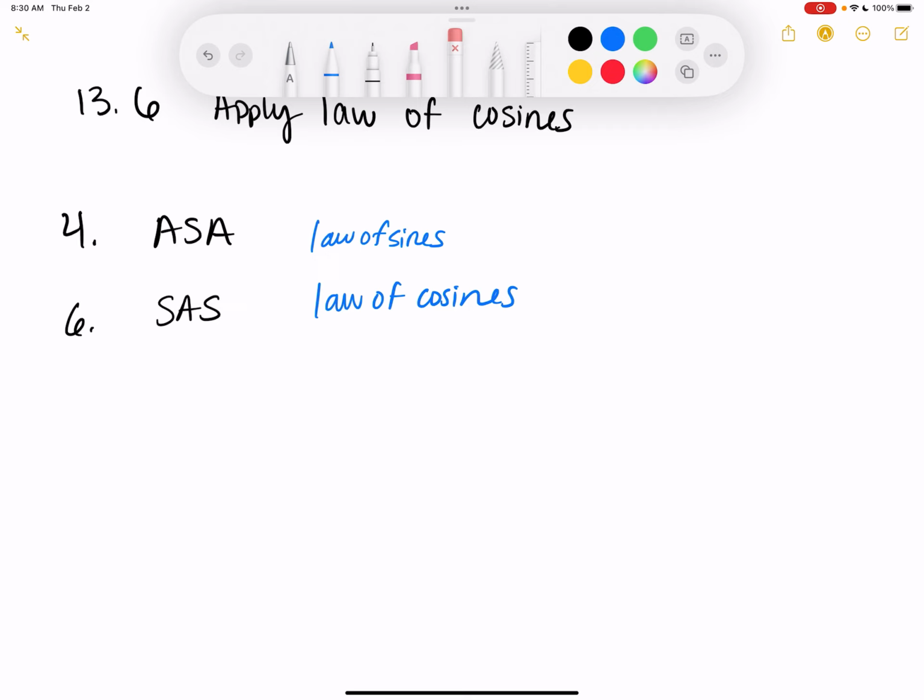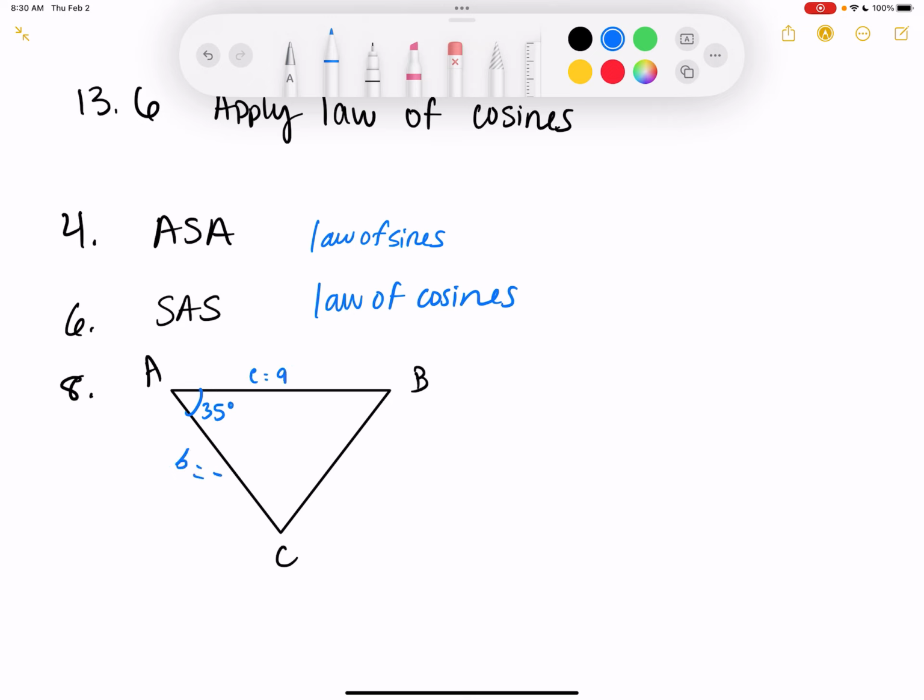Alright, so I'm going to jump down to one where they give you a triangle, and then we'll move into the ones where it's not already drawn for you. So number 8, we have triangle ABC, and given information, angle A is 35 degrees, side C is 9, and side B is 7.